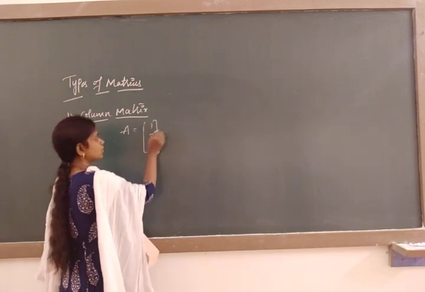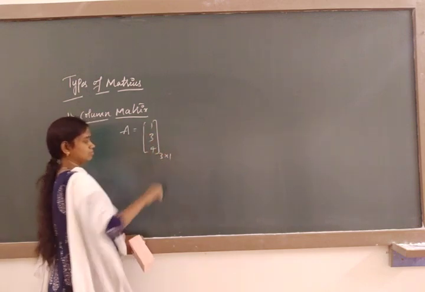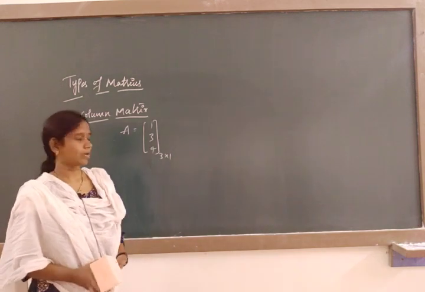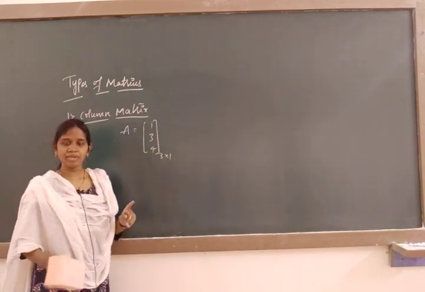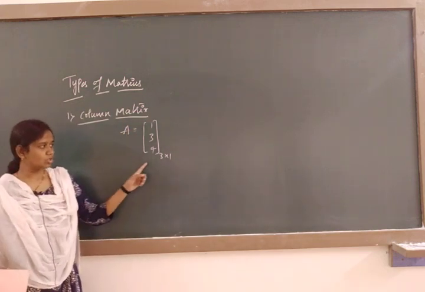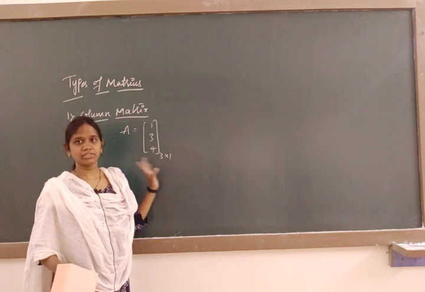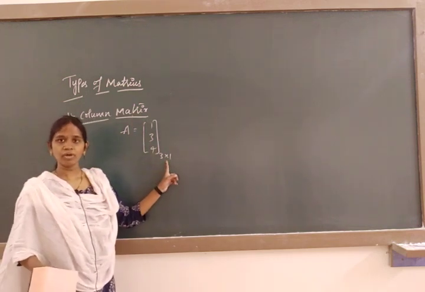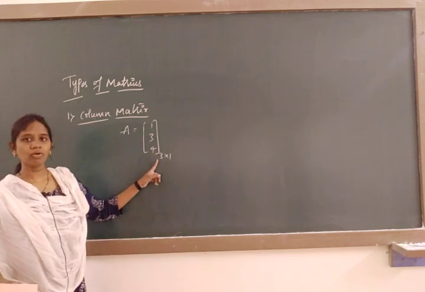Here how many rows? 1, 2, 3, three rows and 1 column, so the order is 3 cross 1. From this example, what is a column matrix? It is a matrix in which only one column is present but any number of rows.